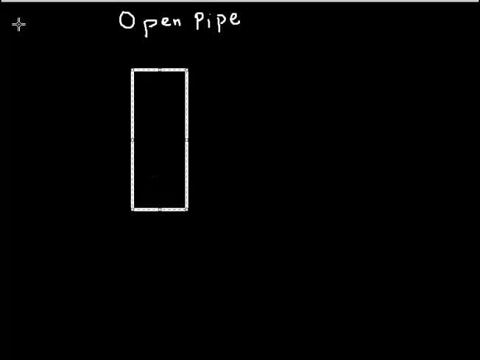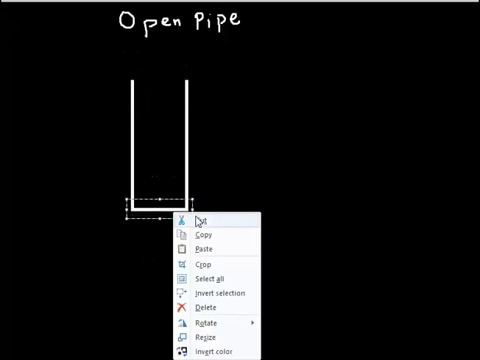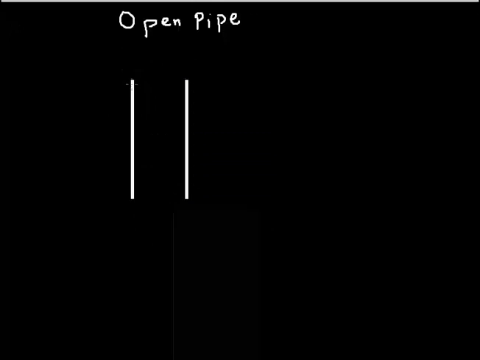Now the question is, for an open pipe, how many wavelengths do I have? Remember, for an open pipe, I have 2 antinodes. I've already shown you that.